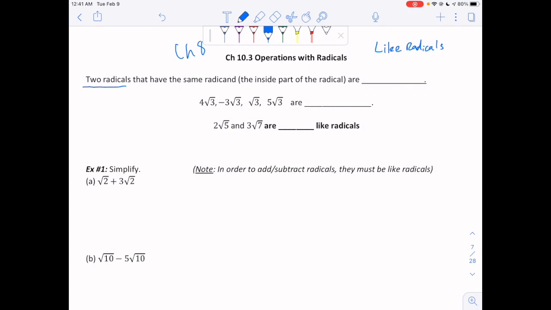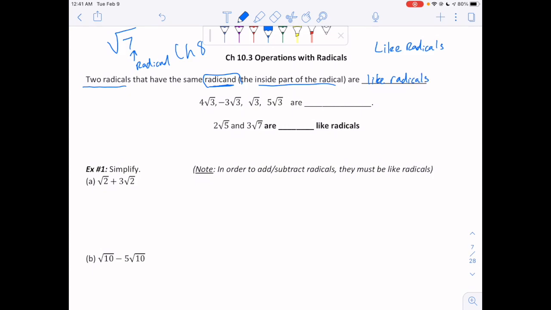Two radicals that have the same radicand. So remember, radicand is just the inside part of the radical. Like here, radical 7, this is what we call the radicand. So two radicals that have the same radicand are like radicals. Boom.